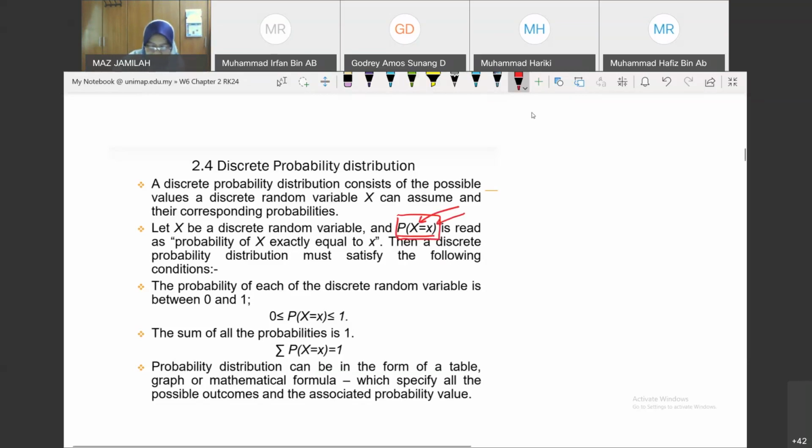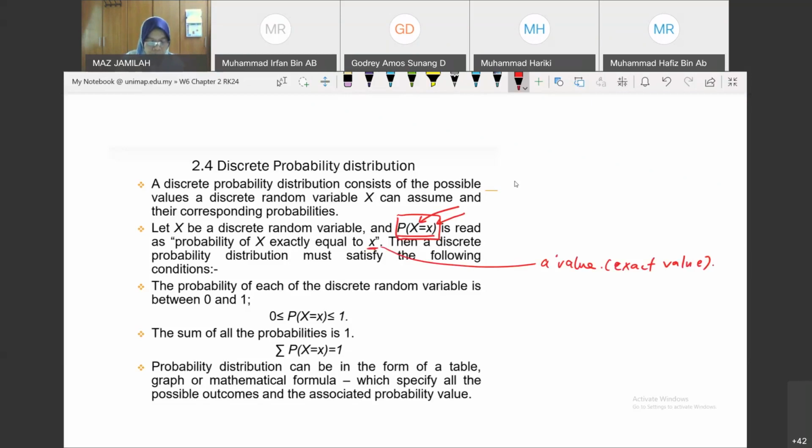How do we read P(X = x)? It is read as the probability of X exactly equal to x. So this is the easiest way to see. Small x is an exact value, as I mentioned just now: 0, 1, 2, 3, 4, and so on.